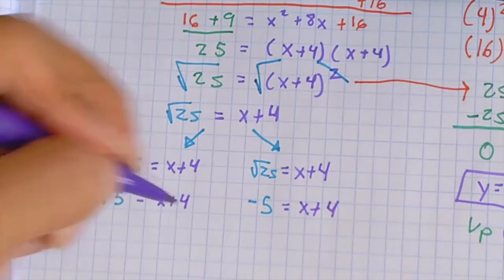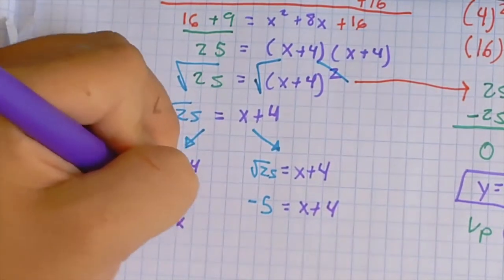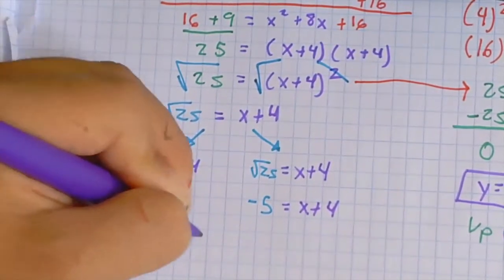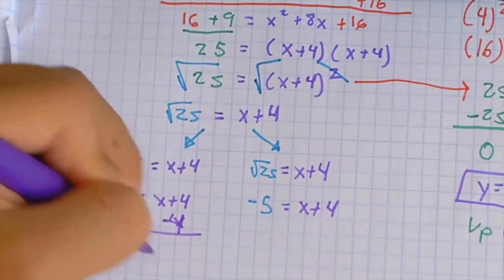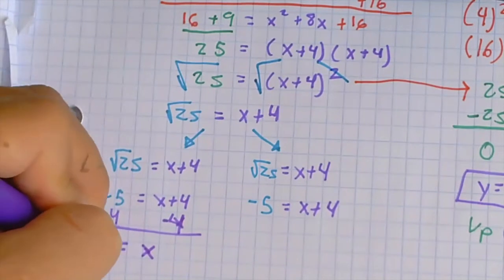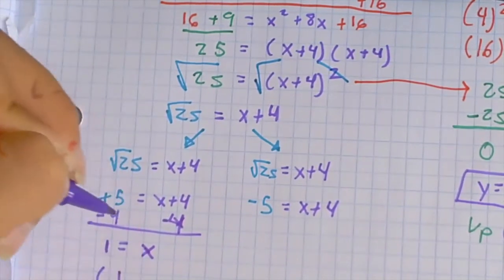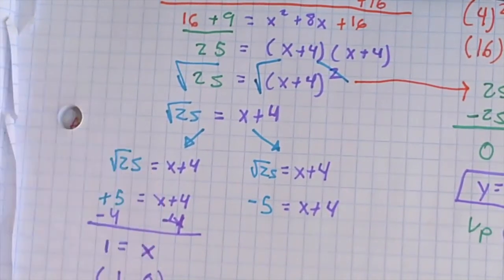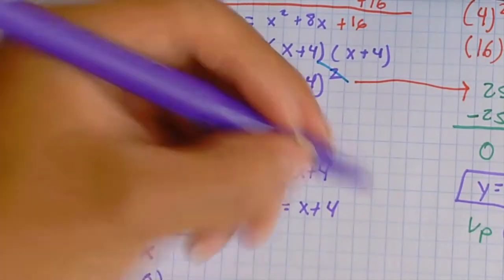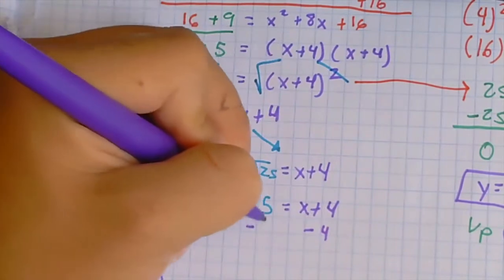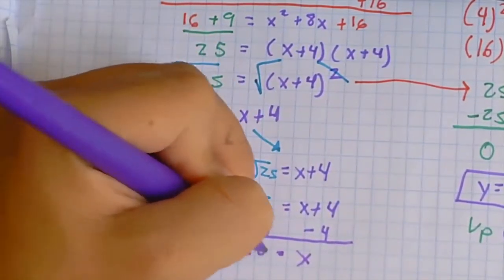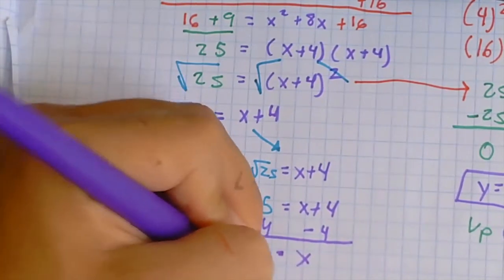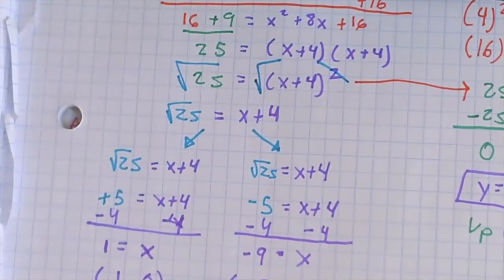Now we can solve for the x value by subtracting 4 from both sides. 5 minus 4 is 1. Therefore, x equals 1. Our x-intercept is 1, comma, 0. And when we subtract 4 from both sides of negative 5, we have x equals negative 9. Our point is negative 9, comma, 0.